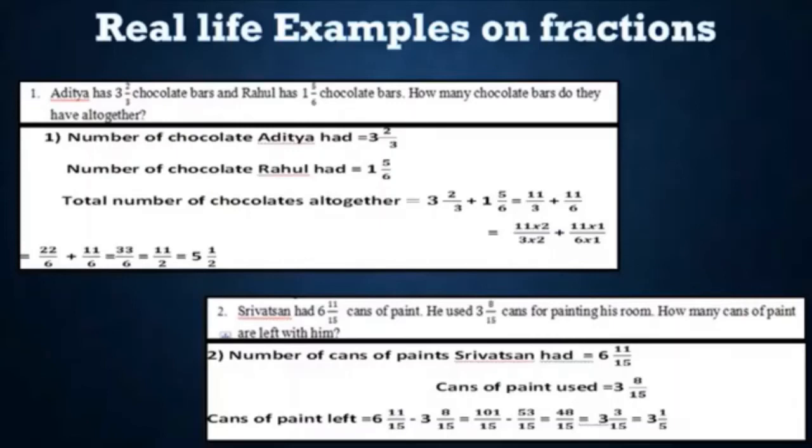Then we'll convert it into a mixed fraction, which is 3 3 by 15. As we can simplify the fraction, we can simplify 3 3 by 15 into 3 1 by 5. Therefore, Srivatsan has 48 by 15, 3 3 by 15, or 3 1 by 5 cans of paint left with him.